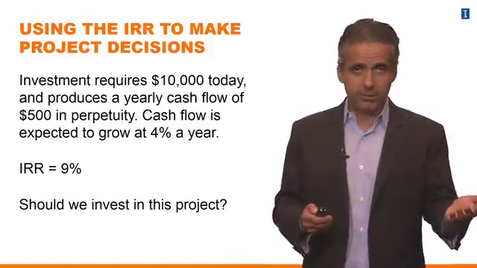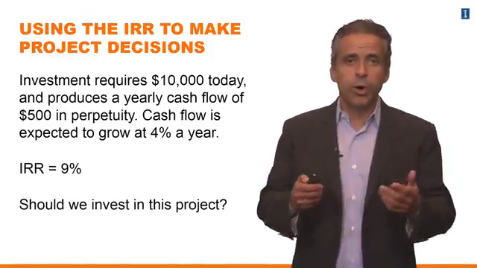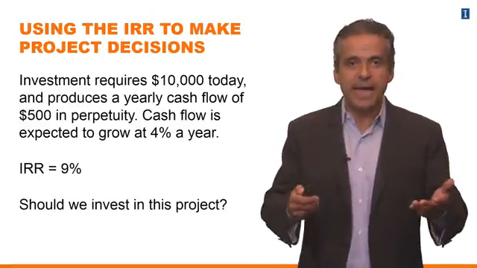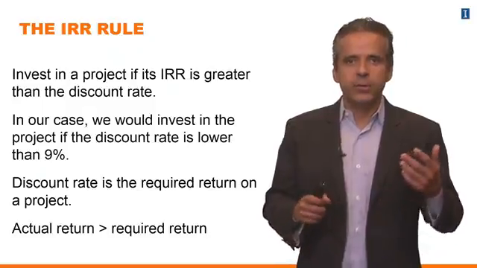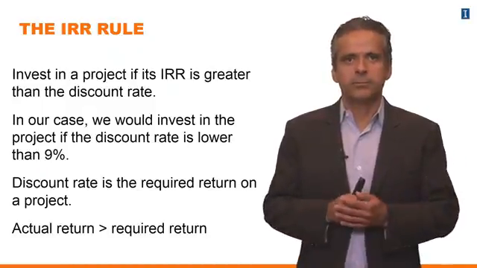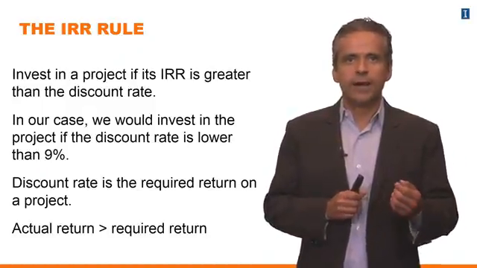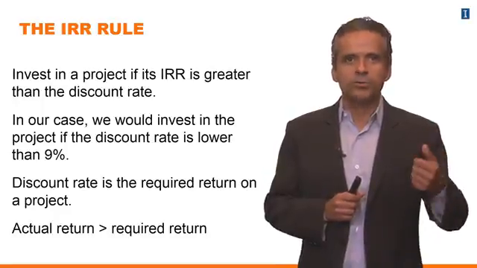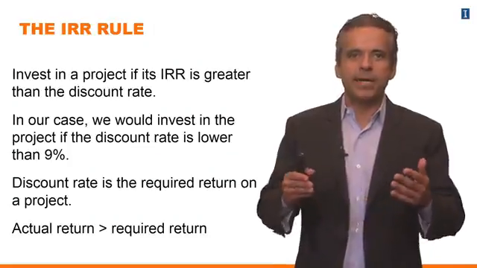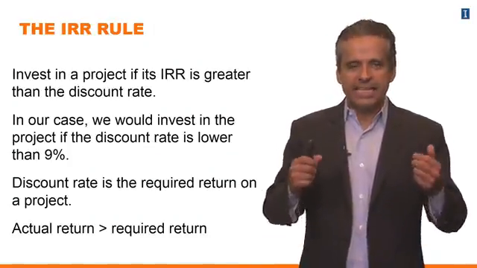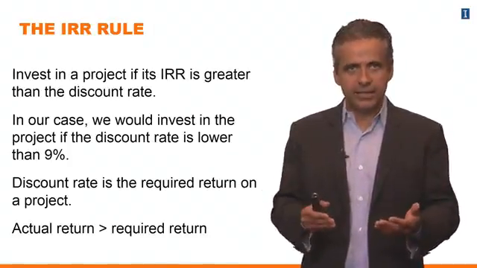We know it has a rate of return of 9%. How do we know if we should make this investment or not? The answer is that you don't have enough information. To figure out whether a project is good or not, we're also going to need a discount rate. When we computed net present value, for example, we needed the discount rate to discount the cash flows.